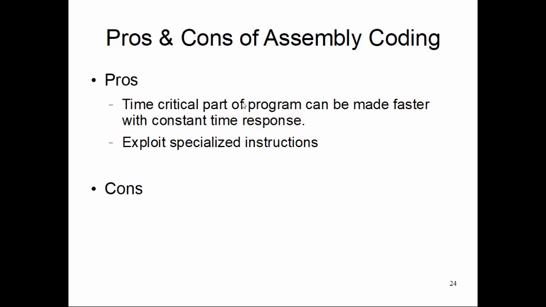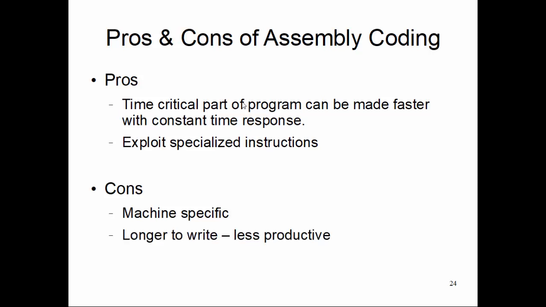Now the cons, of course there are a lot. It's machine specific. We learned MIPS; you cannot say you can write for x86, right? x86 has a different notion, a different set of instructions, and they behave differently. So it's very machine specific. It's longer to write.